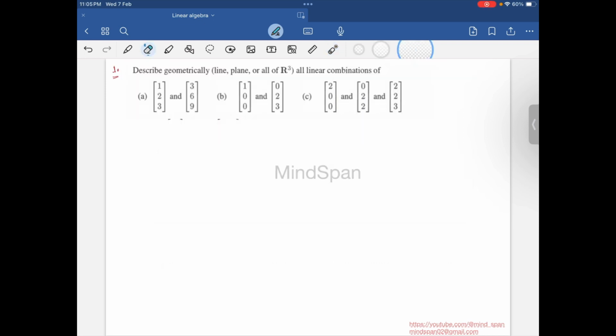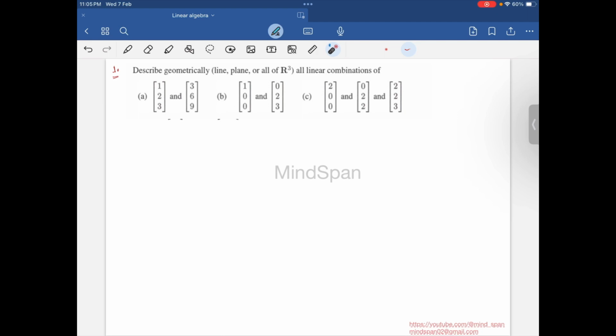Okay, let's look at this first problem. What we have been asked is to describe geometrically all linear combinations of these vectors.